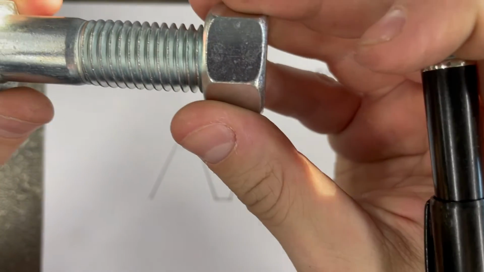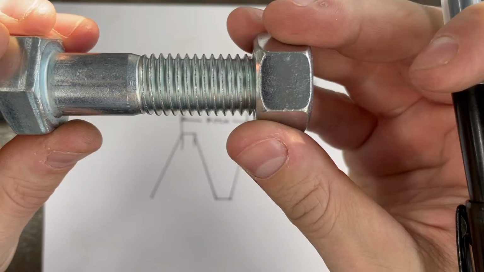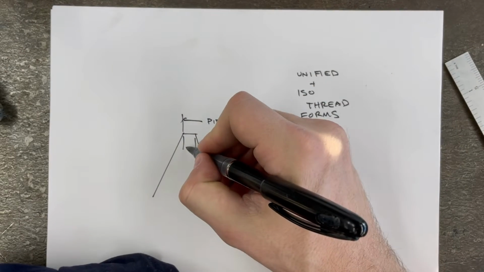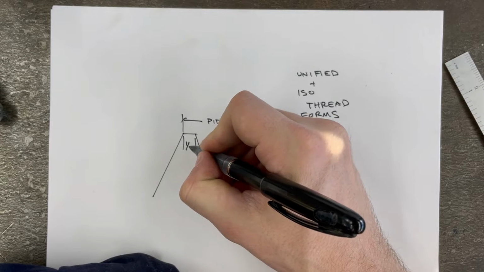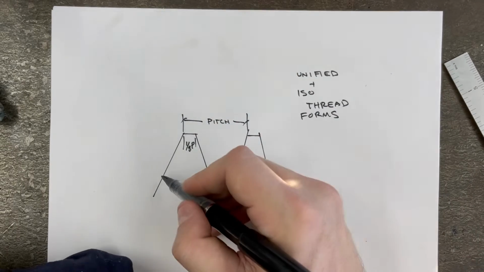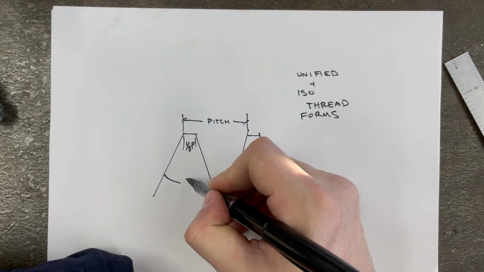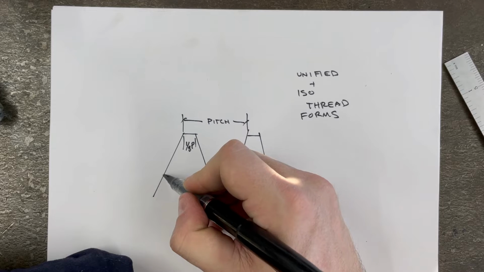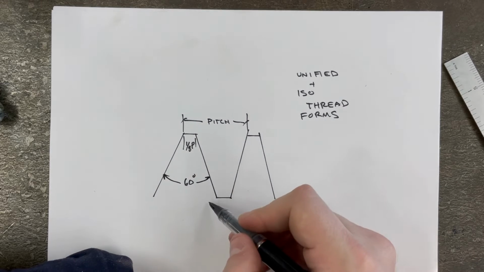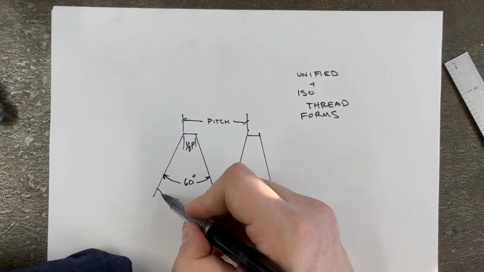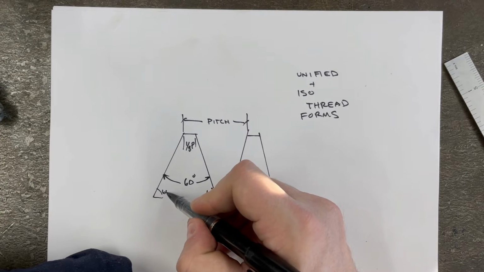It has a flat on it, and that flat is 1/8 of the pitch, 1/8 P, or 0.125 P. The angle here is always going to be 60 degrees, which makes this 60 and this 60, right?